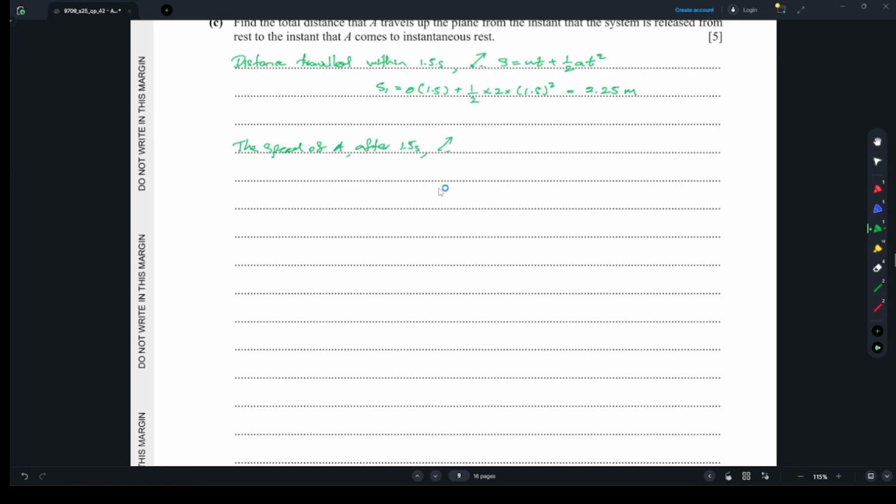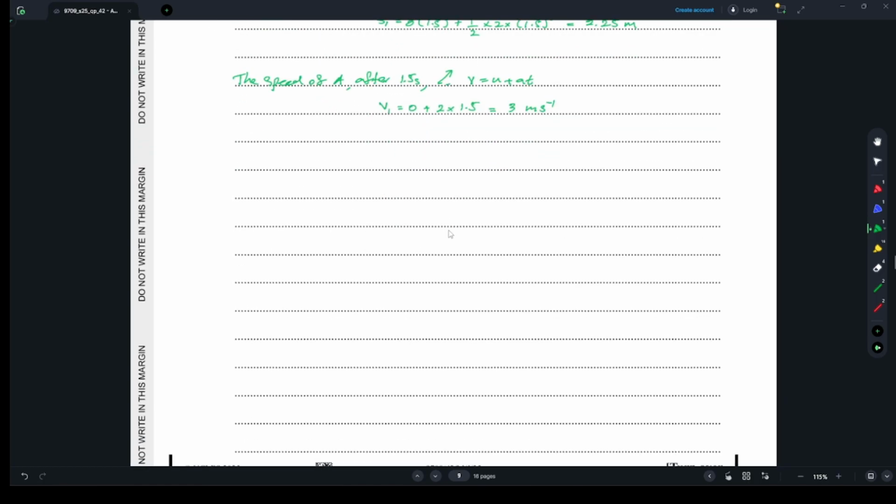Again, we apply along the surface. You know the acceleration, you know the time. So we can apply v equals u plus at. We need this final velocity, let's say V1, and initial velocity is 0 plus 2 times the time 1.5. So it's 3 meters per second. So now you know the velocity just before the string breaks.